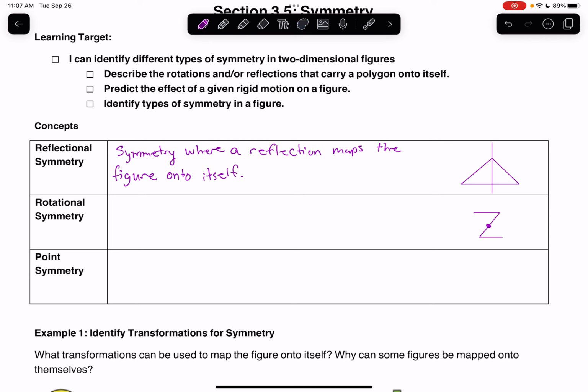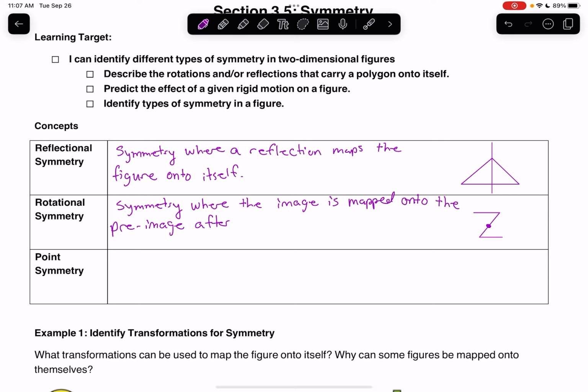So rotational symmetry is where the image is mapped onto the pre-image after a rotation less than 360 degrees.